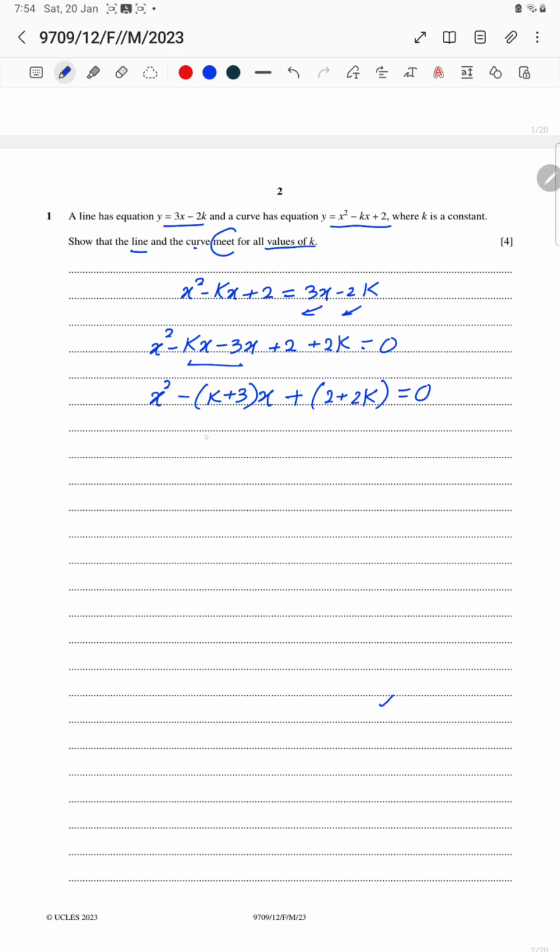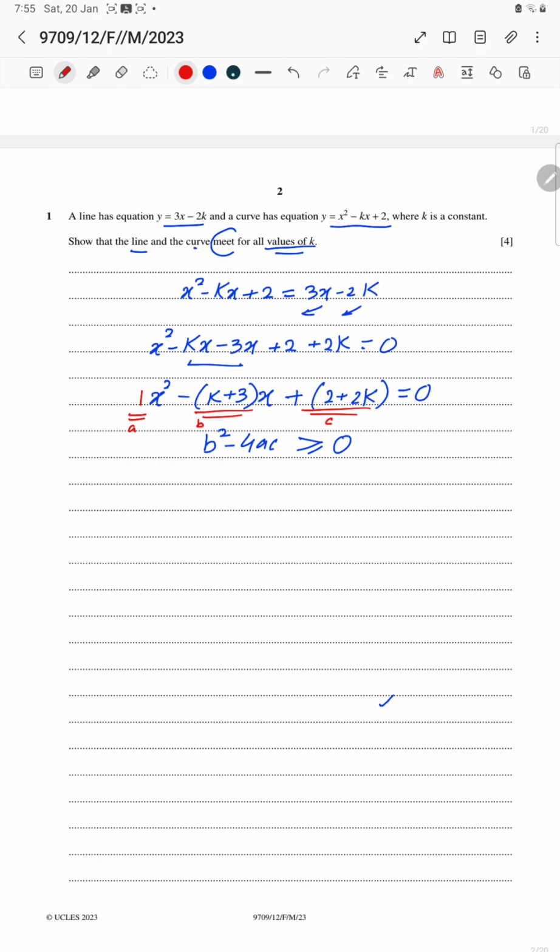So if you solve this, the condition is b square minus 4ac is greater than or equal to 0, because this condition is true for all real values of k. So b is here, this one stands for b, this one is a, and this one is c.